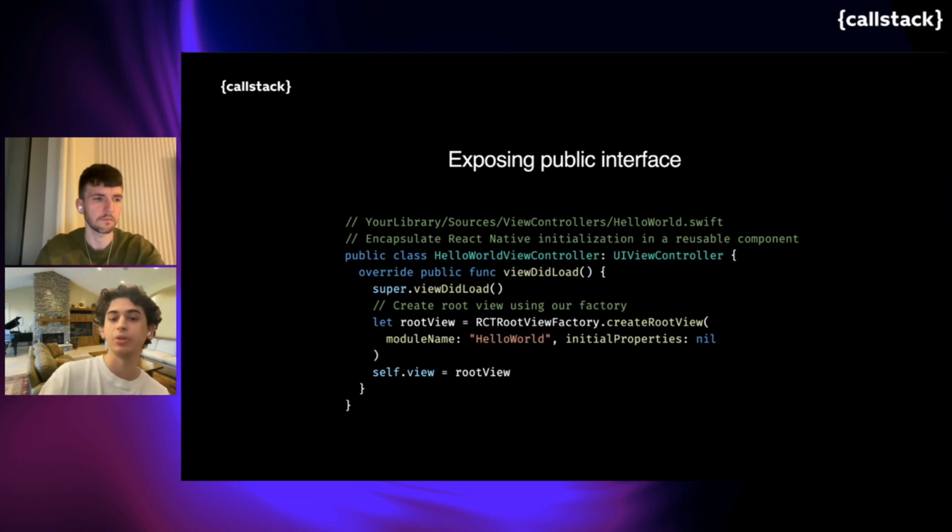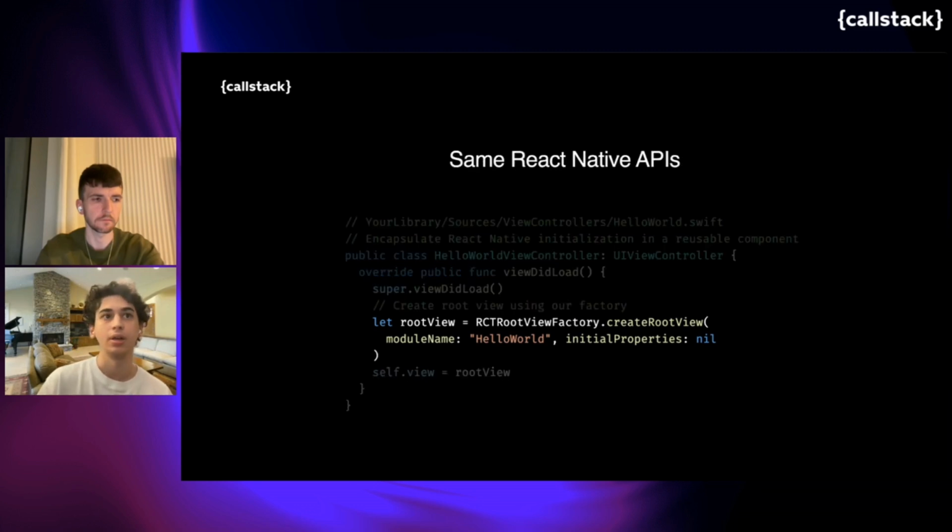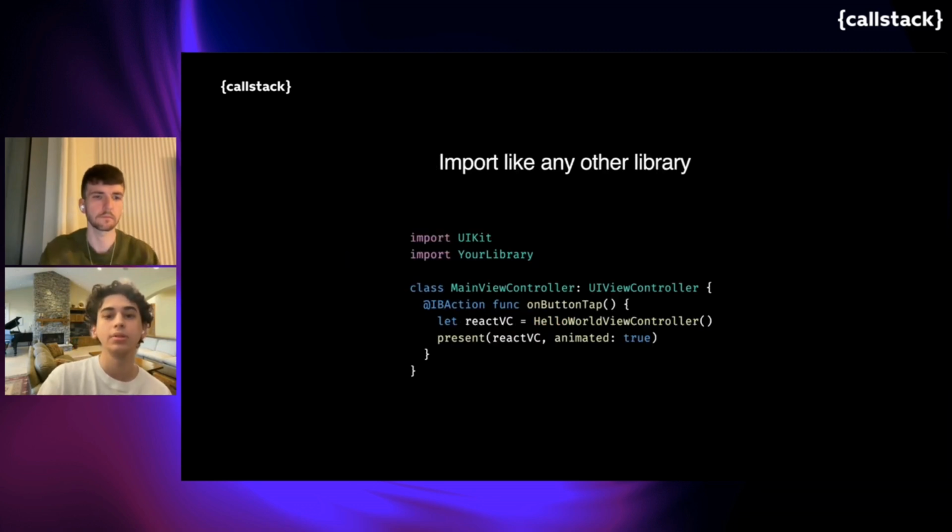In this case, what we do is we call the RCTRootViewFactory API to create a root view, and then this all happens internally. So your application devs don't have to know what the root view factory does. It's just our internal interface. Once all that is done, we go to the native application and just import the library that we published earlier.